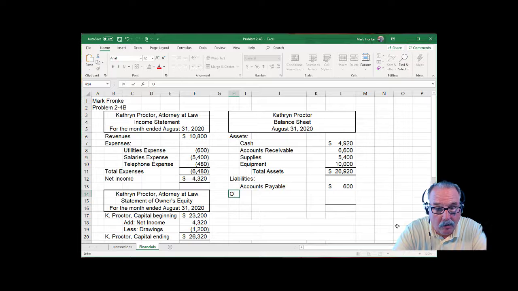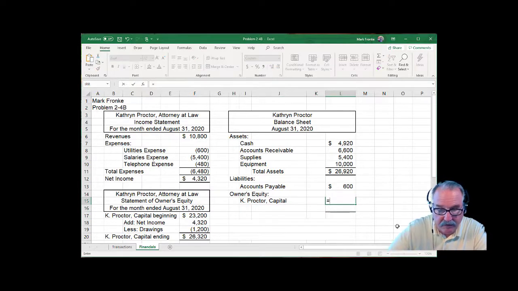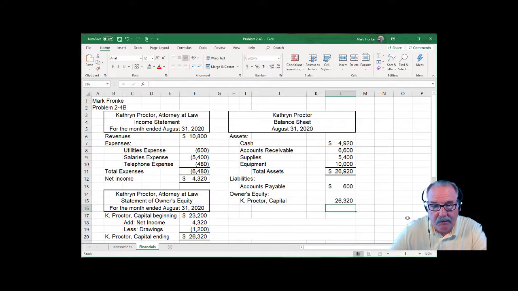And that's the only liability that we have. Then we have our owner's equity. And that's going to be Kay Proctor. She's the owner. And that number is coming right from our statement of owner's equity. That's why we prepared it.